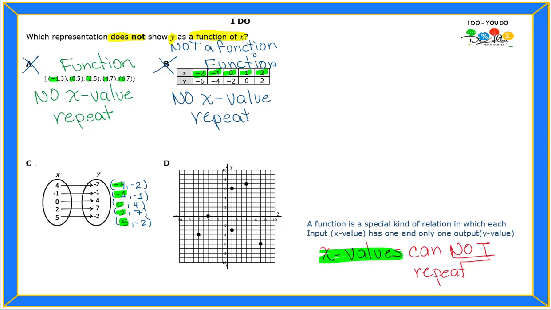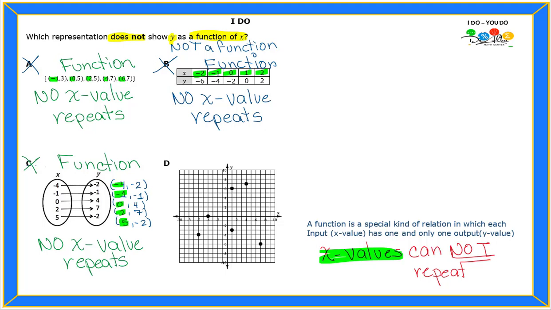They're all different values. So we're going to say no x value repeats, right? So if no x value repeats, then what does that mean? It means this is a function. Okay, so it doesn't seem like letter C can be my answer either. So hopefully it is D, right?